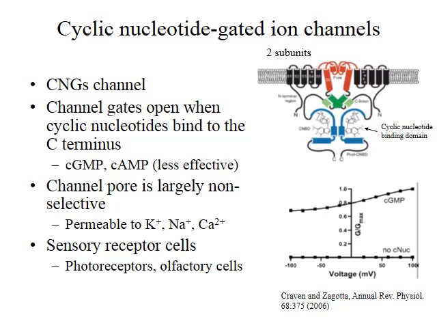When cyclic GMP is added to the intracellular face of the channel, the open probability is quite high. At 0 millivolts, it's about 0.8, and you can see from the relatively level slope of the graph that these channels are largely voltage independent.